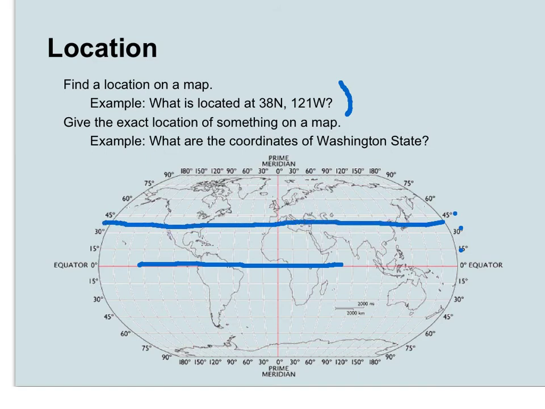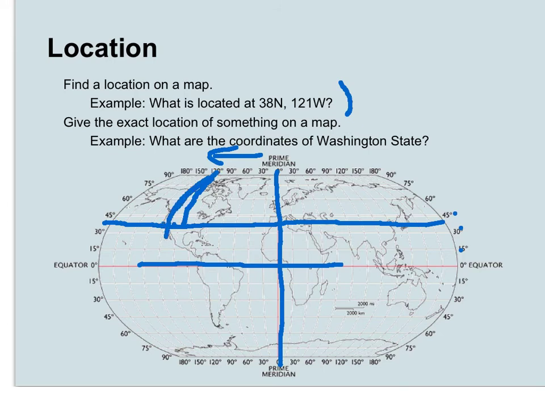See if you can beat me to the solution on this, okay? And then 121 degrees west. Here's the prime meridian right here, and we have to go west of that, which means we have to go over to the left, and we have to go 121 degrees. Here's 120 right here. Oops, actually I messed up. 120 comes right down here.